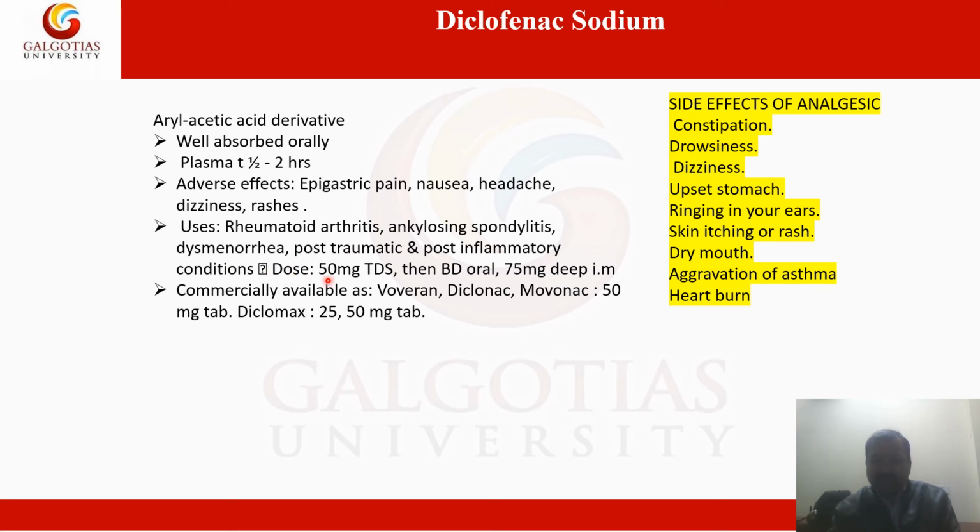Doses are 50 milligram tablets given TDS or BD, and 75 milligram, and deep intramuscular injections are also given. Diclofenac is very commonly used in acute pain, commercially available as Voveran, Diclofenac, Movon, Movonac 50 milligram tablets, and Diclomax 25 and 50 milligram tablets.